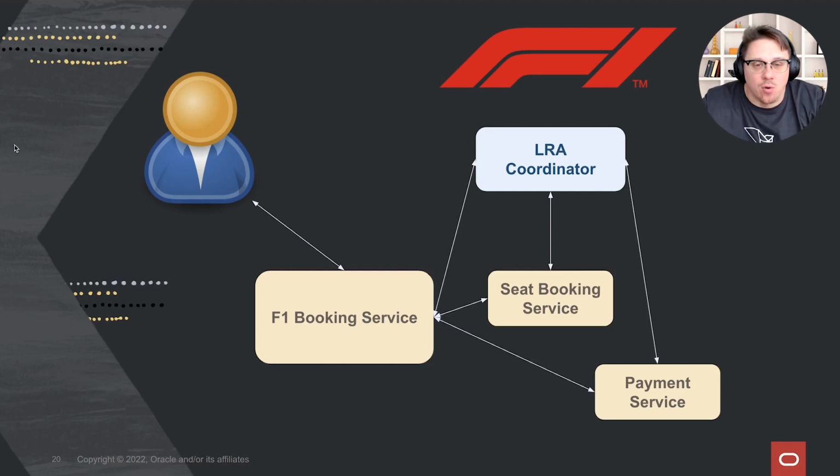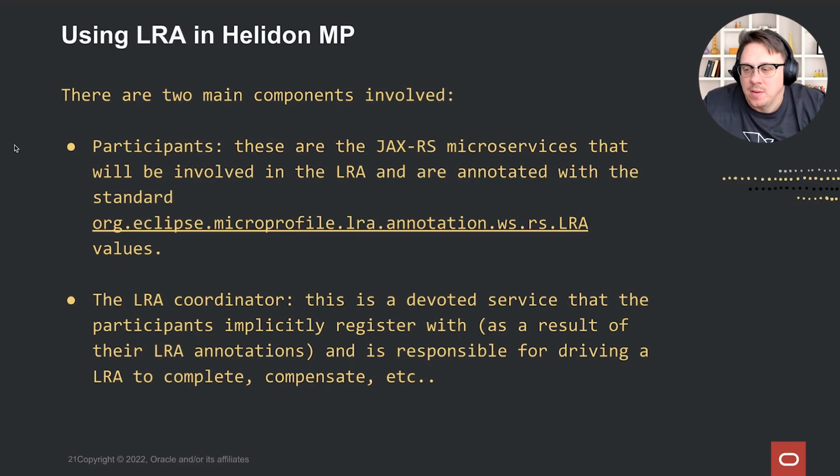And this all forms a kind of business transaction. And for that, as you see in this picture, we have this LRA coordinator, a special dedicated service that takes care of all this transaction happening. It coordinates everything, and it decides whether the call is in a transaction or out of a transaction.